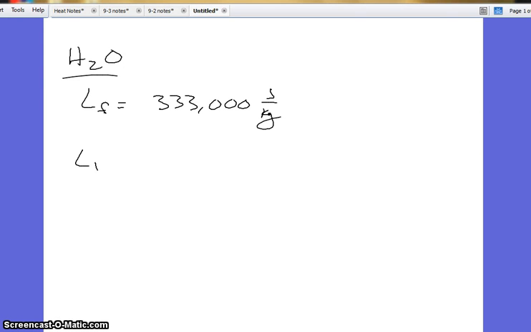We also have latent heat of vaporization if we're going from water into steam, and that is 2,260,000 joules per kilogram. So if I want to change 1 kilogram of water into steam, it'll take 2,260,000 joules of heat to do so. You'll notice that's a lot larger than the latent heat of fusion.